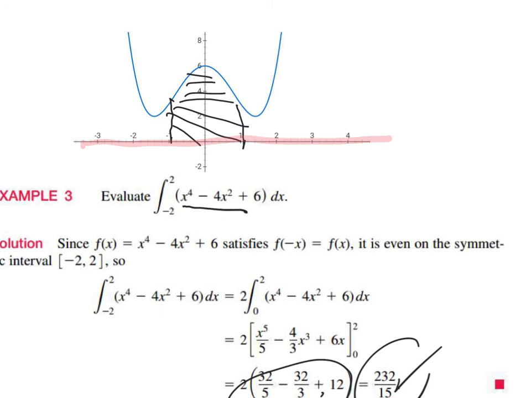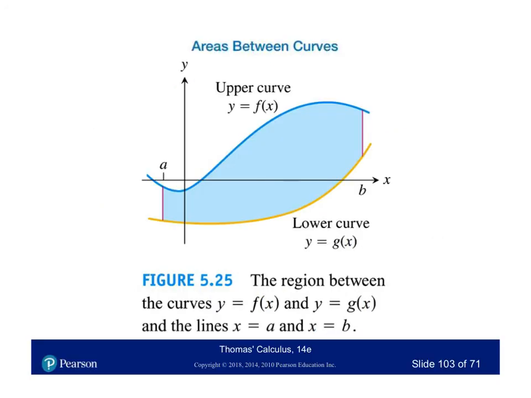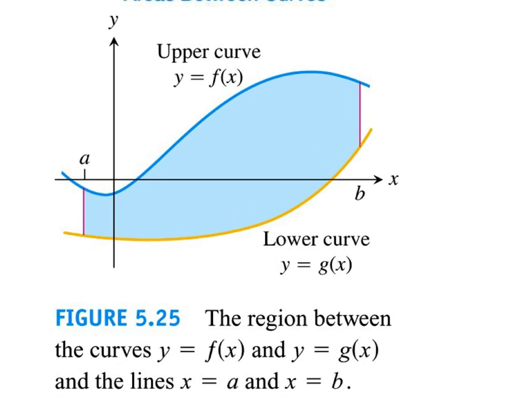And this is between -2 and 2. So it was area between two curves, but the other curve was 0. That's why this answer has to be a positive area, because it's above y equals 0. I didn't switch. Area between curves, so that's different. Oh, by the way, this picture here, let's study it for a second.